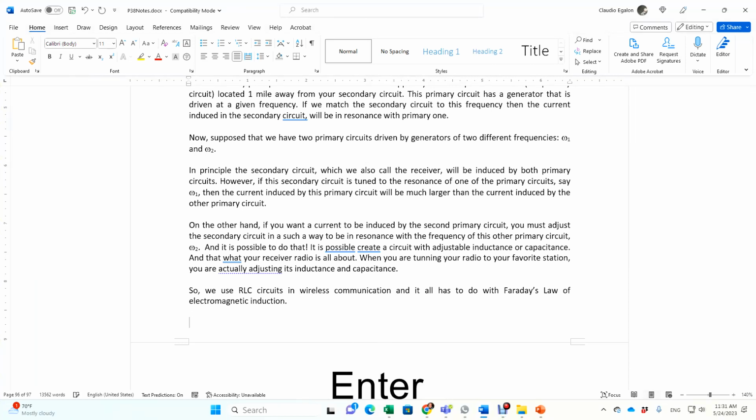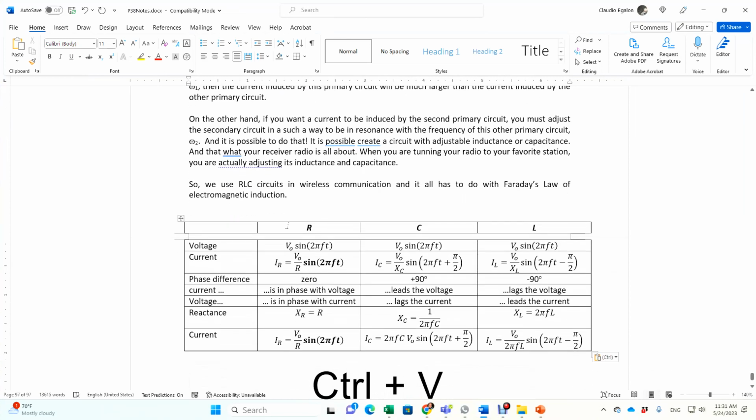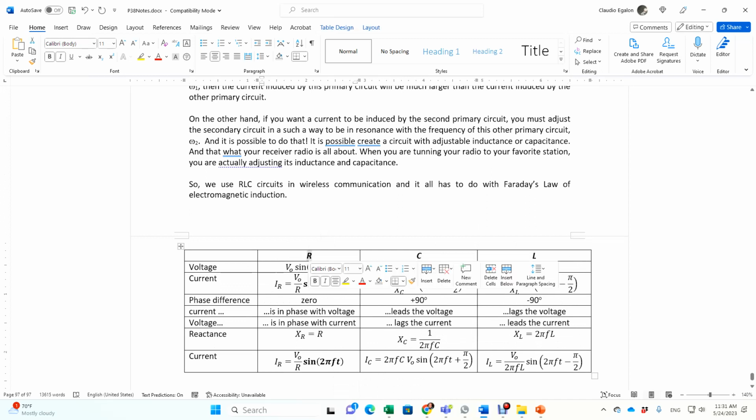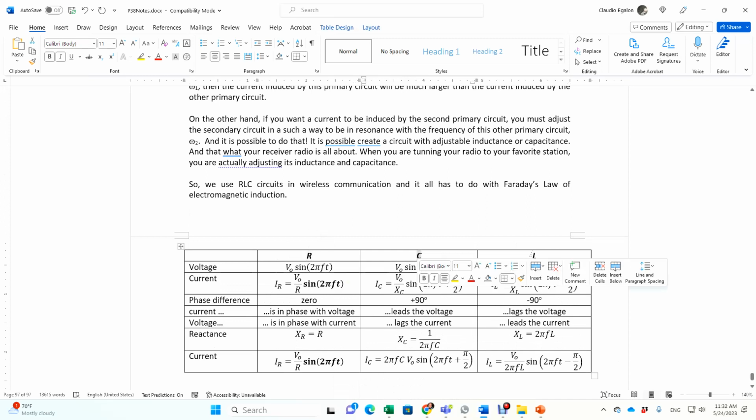Here's a table summarizing what we did for all those circuits. An AC circuit that just has a resistor, just a capacitor, or just an inductor. The current is in phase with the voltage for the resistor. The current is out of phase with the voltage for a circuit that has a capacitor: the current leads the voltage.